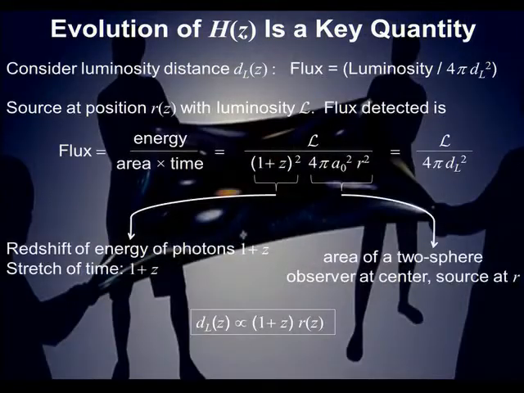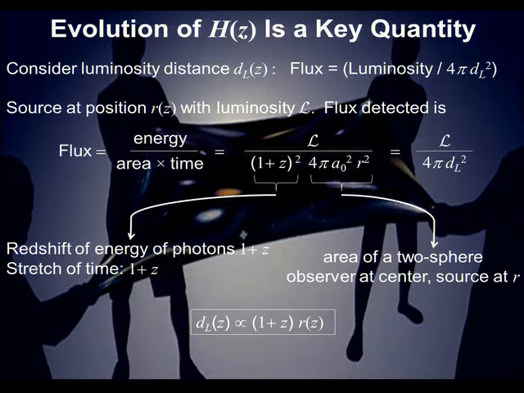An example of how this enters into cosmological observables comes from considering the luminosity distance as a function of redshift. The luminosity distance is defined in the following way.